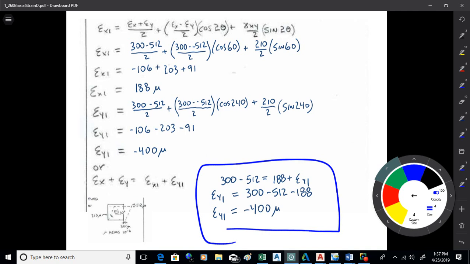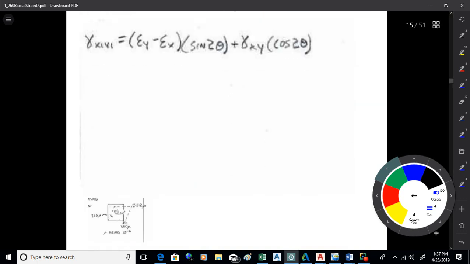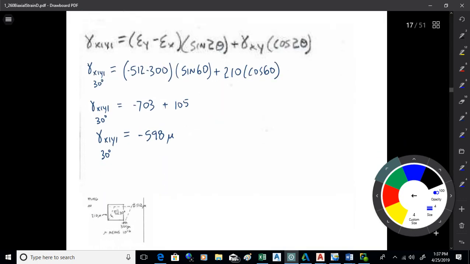All right, so we got that shortcut formula, and then you can just plug into the shear formula too, and run through it, and it'll tell you the shear strain for that 30-degree angle. So the angle I'd use for that would be 30 degrees. So something like that. Okay. So this gets us the three strains.